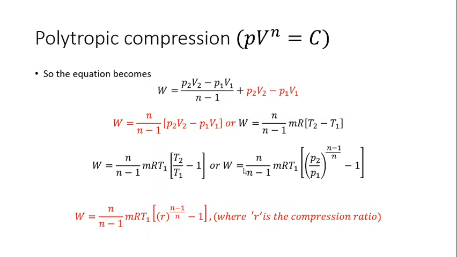See, for a polytropic process, T2 by T1 is equal to P2 by P1 raised to N minus 1 by N. So substitute that value, then finally the expression is W is equal to N by N minus 1 into MRT1 into P2 by P1 raised to N minus 1 by N, minus 1. This P2 by P1 is compression ratio R. So this is the expression for work done in terms of compression ratio.